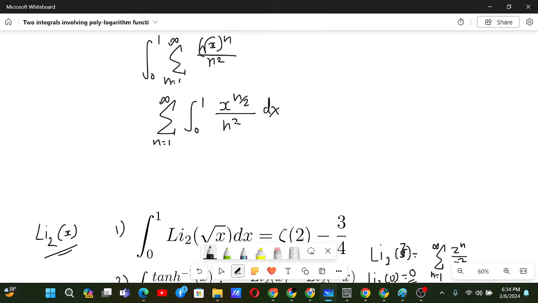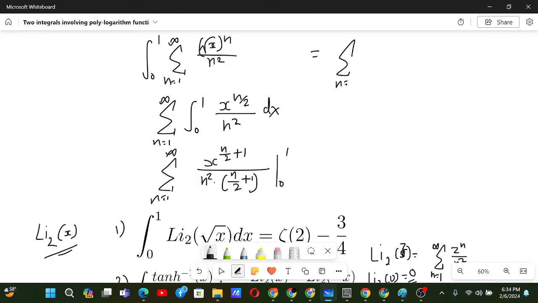Now let's integrate this. Sum from n equals 1 to infinity of x to the power (n/2+1) by n squared times (n/2+1), from 0 to 1. The 2 can be taken out.